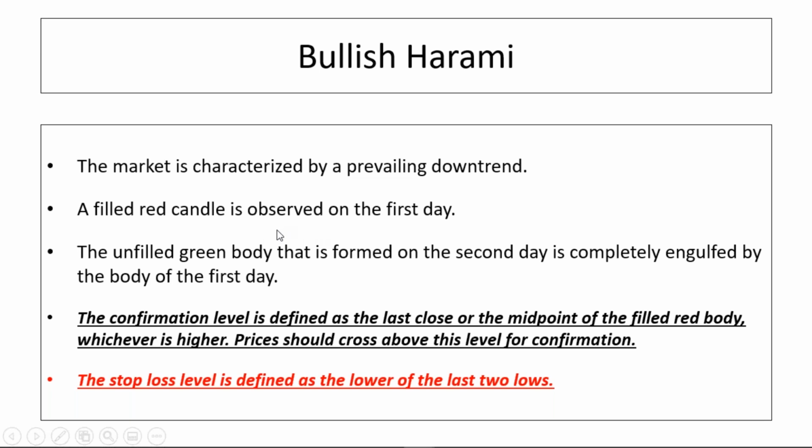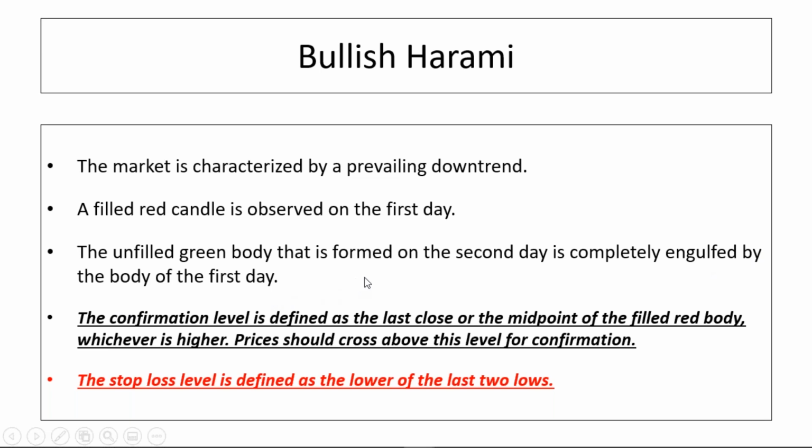A filled red candle is observed on the first day. The unfilled green body that is formed on the second day is completely engulfed by the body of the first day. So if you're trying to see what that looks like in your mind, go ahead, but I'm going to show you on a graph in a moment.